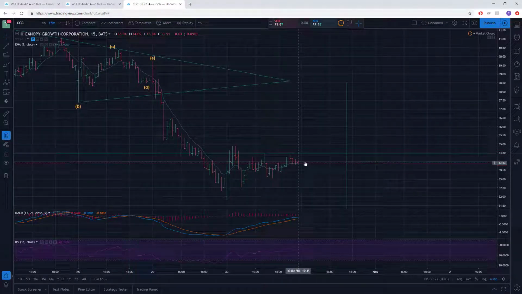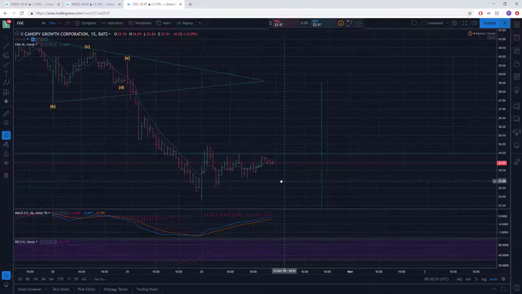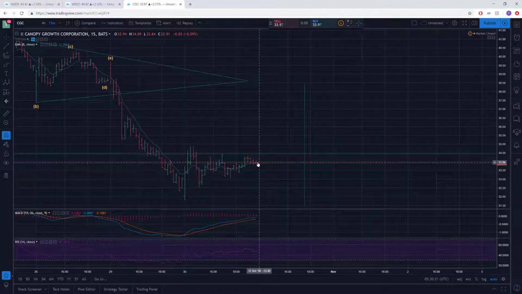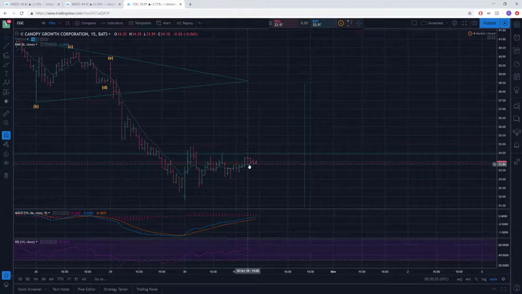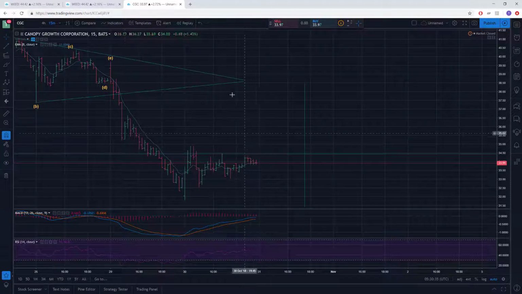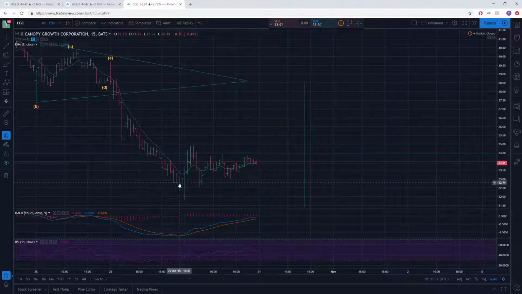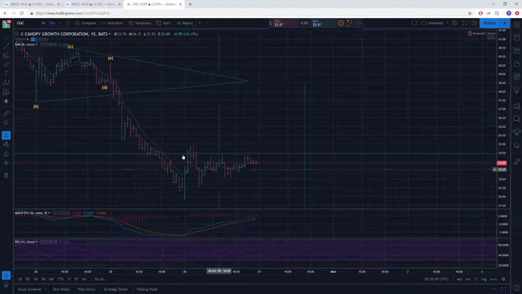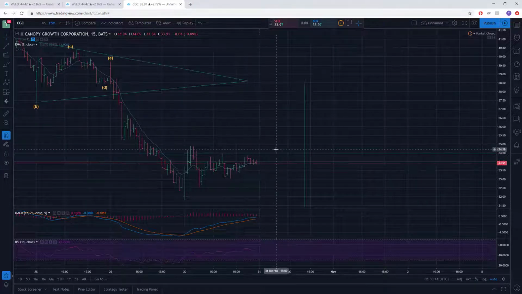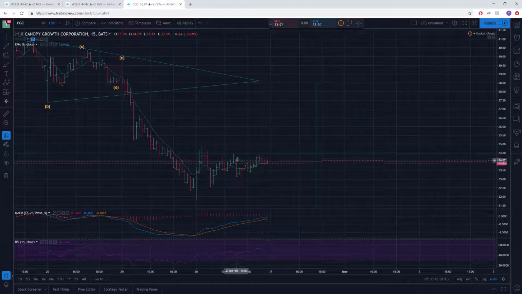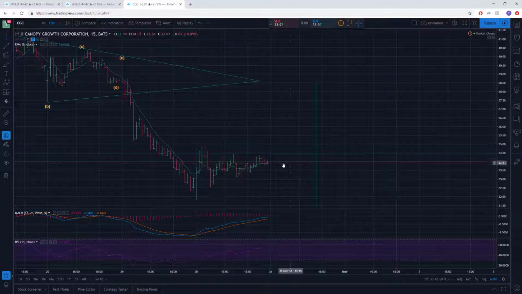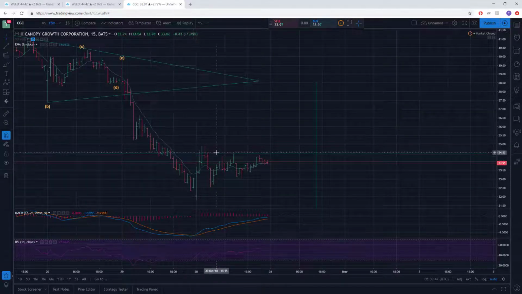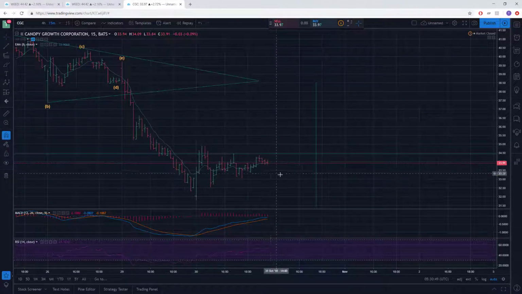But it's a fairly small position size in comparison. Not really worth showing, but if you want to try and play this triangle, the last two triangles have certainly worked out well. It looks like Weed and CGC just love forming triangles at the moment. So this is certainly another tradable triangle, but just keep in mind it is smaller, it's shorter, so this is a real quick one if you want to get in for it.